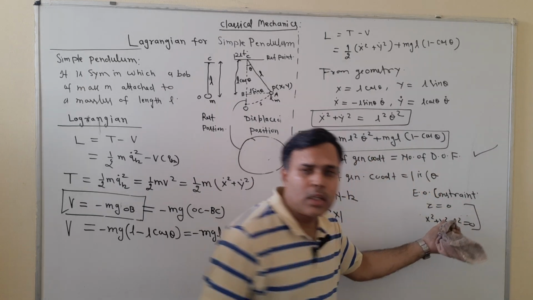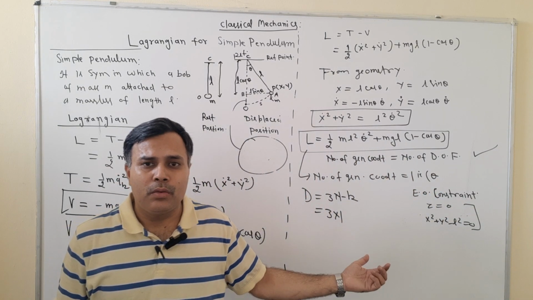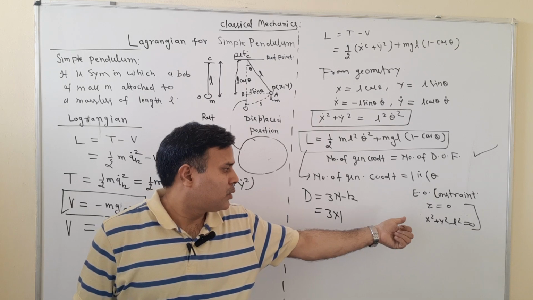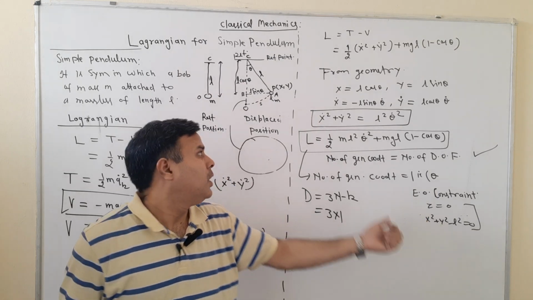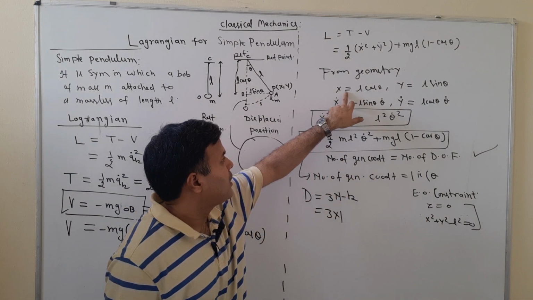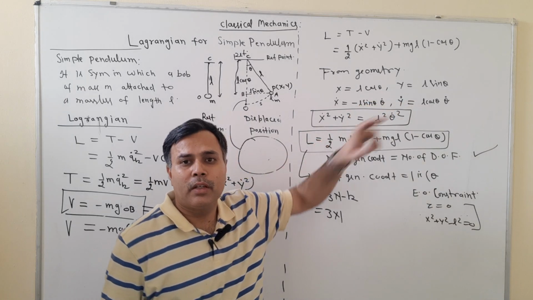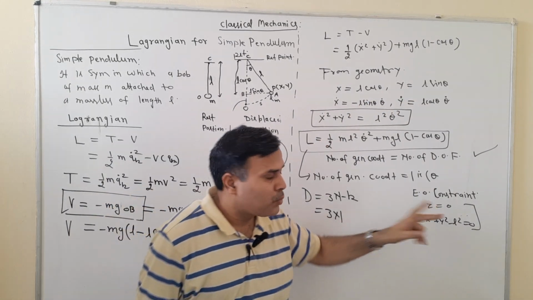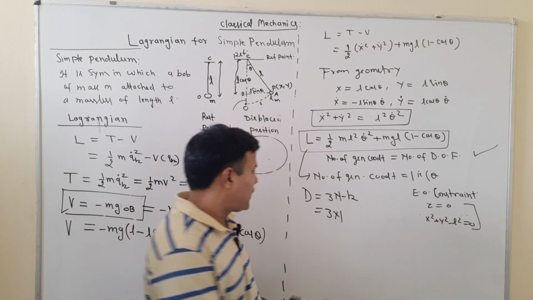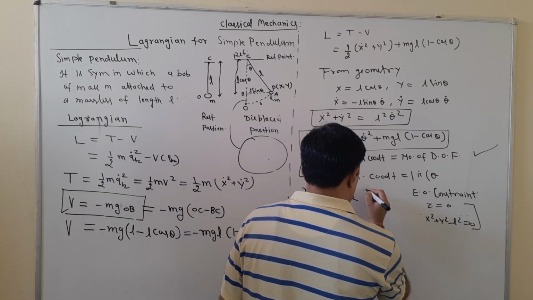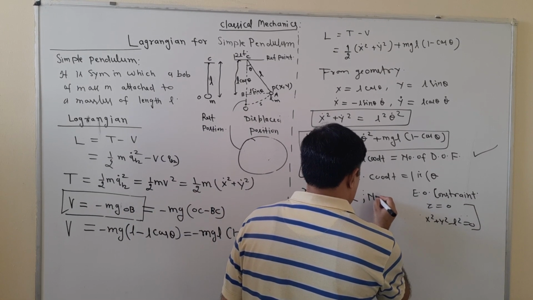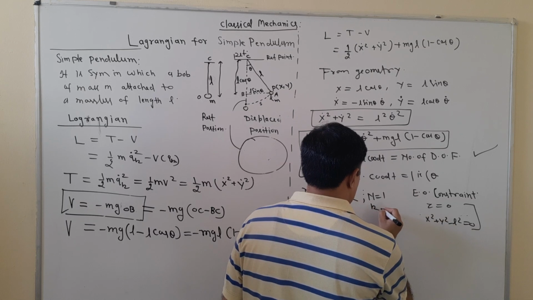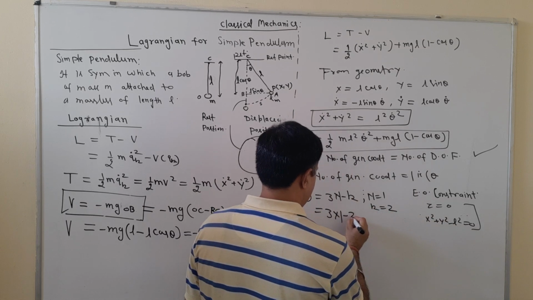So we have two equations of constraint: one is z equal to 0 and the other is x square plus y square minus L square equal to 0. In this equation we can see that x square plus y square is simply L square, because sin square theta plus cos square theta is 1. So we have two equations of constraint. So the value of k is here: n is 1 and k is 2.